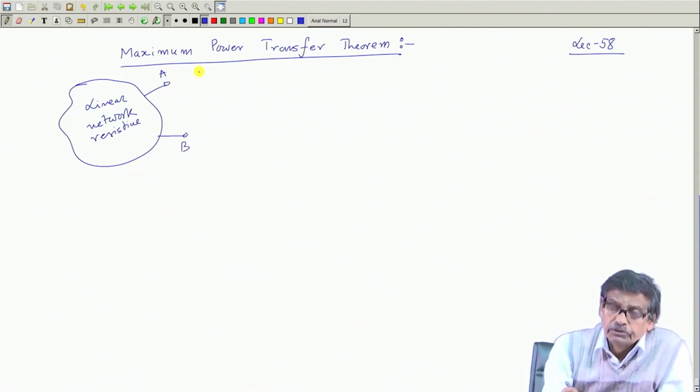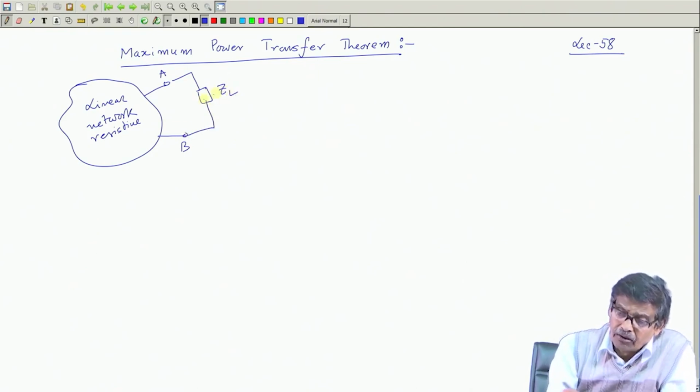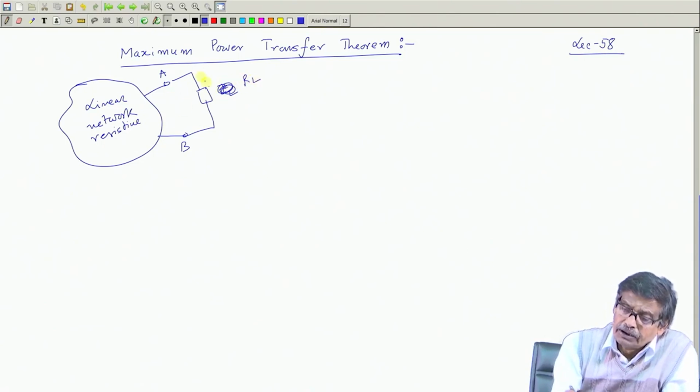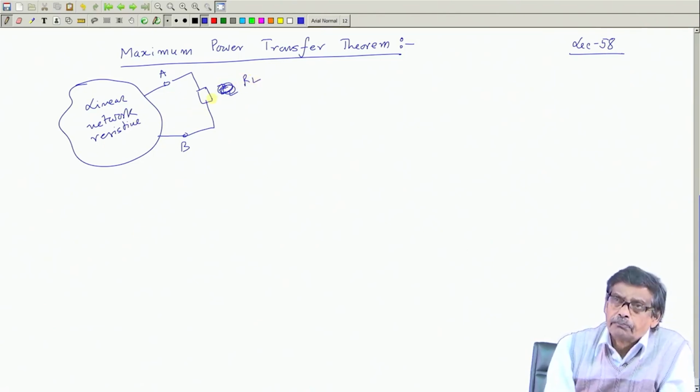Then here I am going to connect the load impedance. I want to know what should be this load impedance ZL, or if it is a resistive network, it is some RL I will connect. What value of RL will give me maximum power?